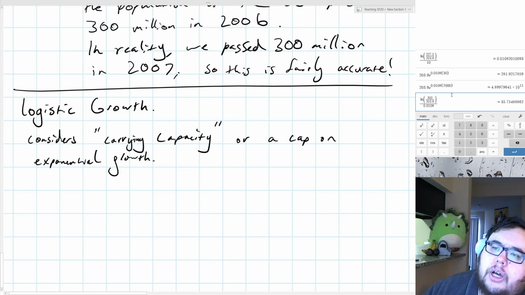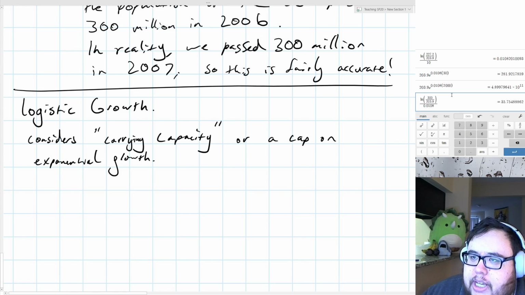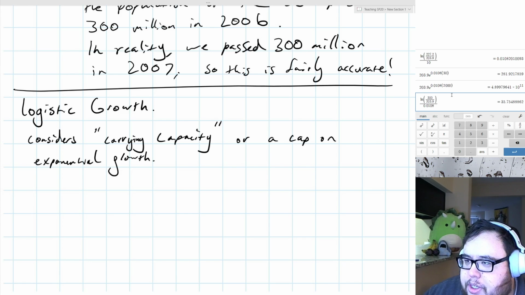So, for instance, it's clearly insane that the population of the United States would ever reach that 489 quintillion mark, right? Like that would never, ever, ever happen. That's too many human beings, right?